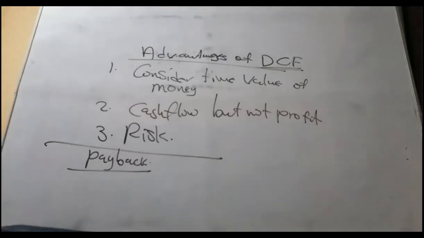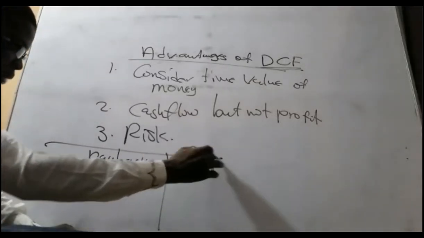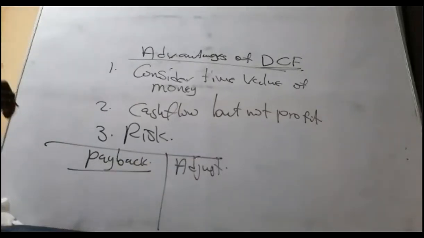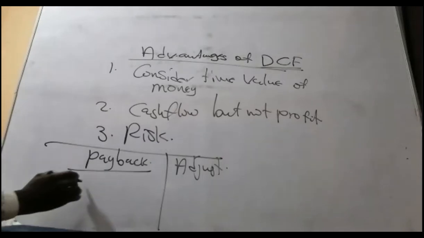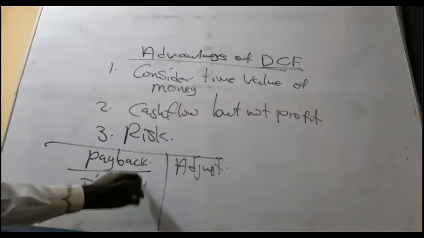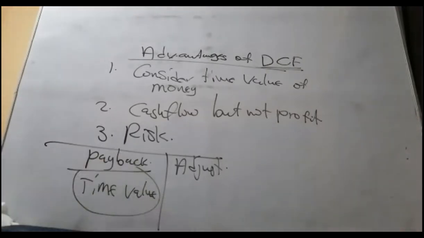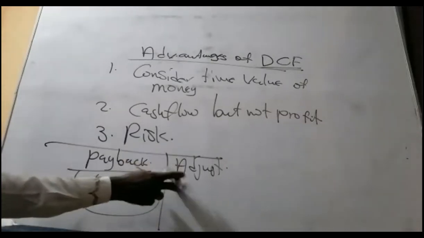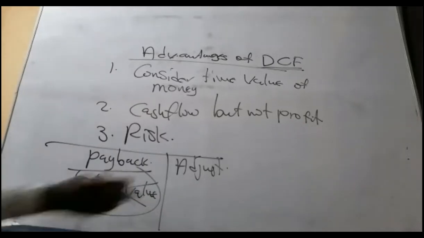So there's a savior: the adjusted payback period or the discounted payback period. The sickness was that it failed to consider the time value of money. That's the major sickness of the normal payback, and then the adjusted payback period came to solve that sickness. So it has been healed.